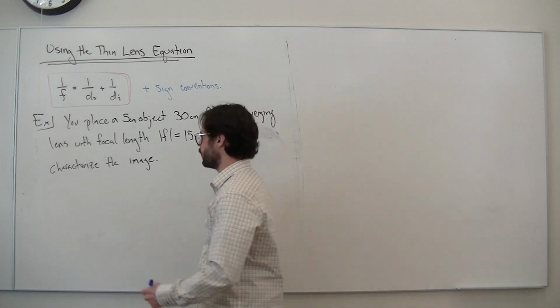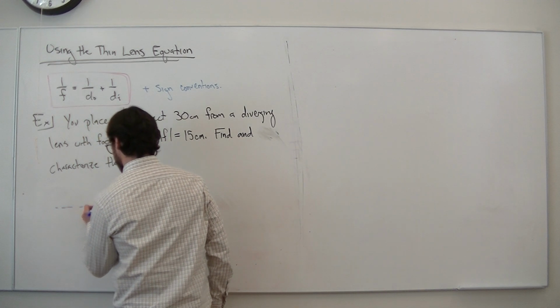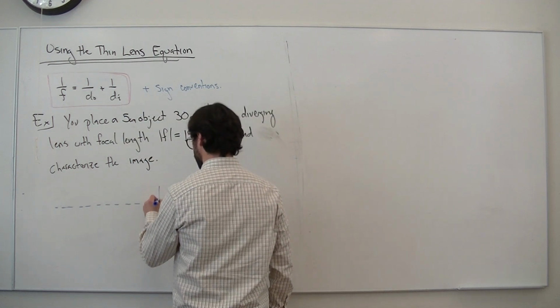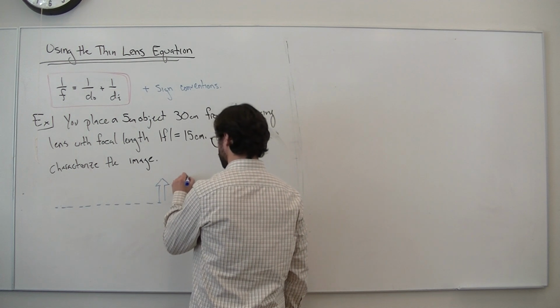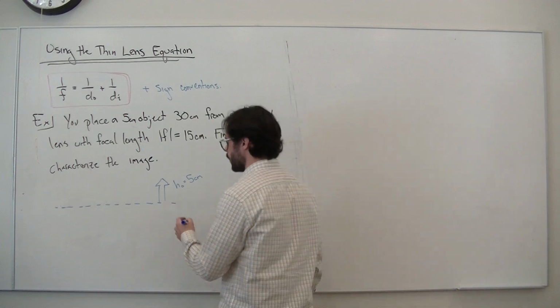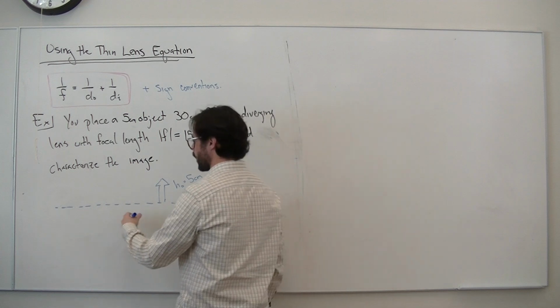So what I would do with all physics problems actually is draw a picture. And let's put the object on this side just to be a little bit different. So I have an object height of 5 centimeters. That's what 5 centimeter object means, really 5 centimeters off of some arbitrary location, the principal axis.